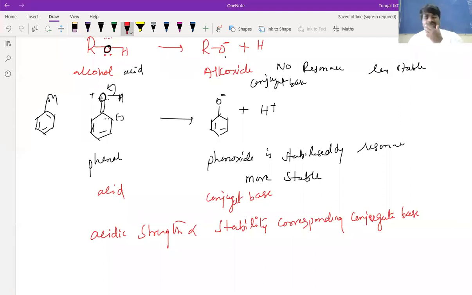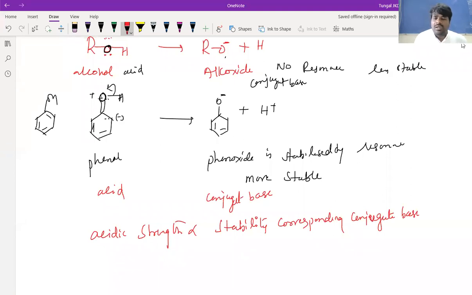If the other place is almost as comfortable as where you already are, you don't go that fast. The rate of shifting is directly proportional to the comfortability or stability of the new position. So if the corresponding conjugate base is more stable, the conversion will take place readily, the proton will be expelled readily, and the corresponding acid is said to be more acidic.